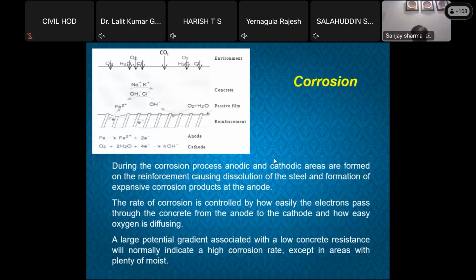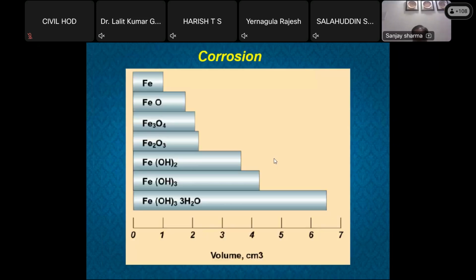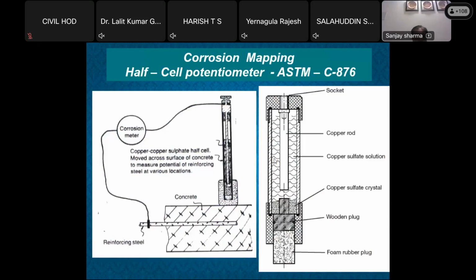Corrosion is again one of the important factors. Corrosion data you generate through the half-cell potentiometer, where you use the voltage. Basically, you pass a current, which depends upon the corrosion, and it flows through, and then it measures the voltage.